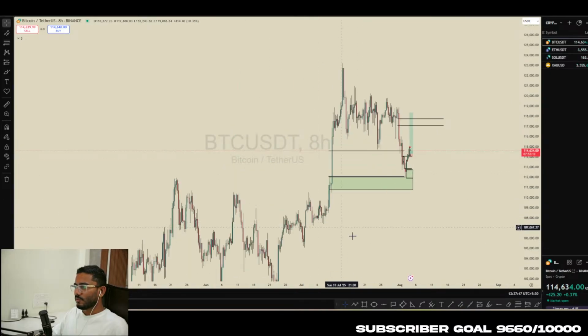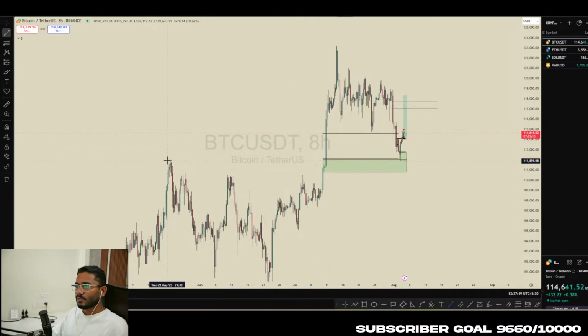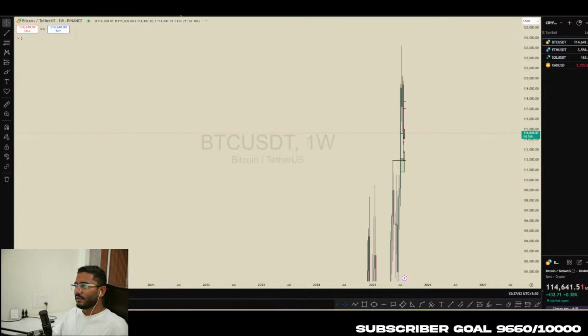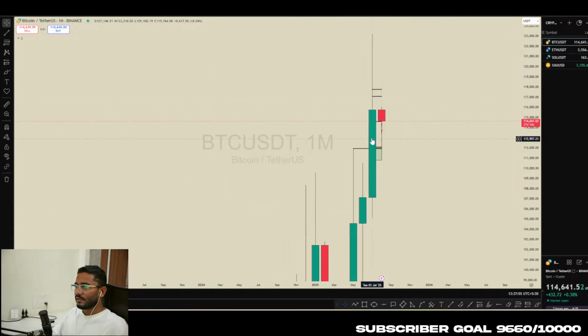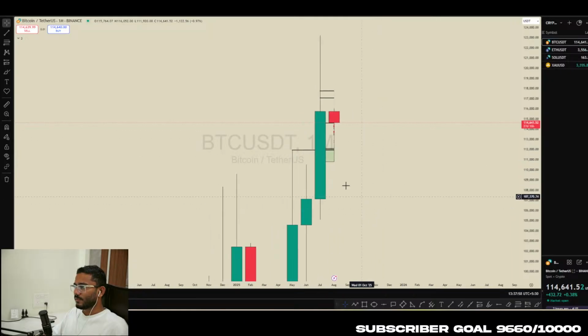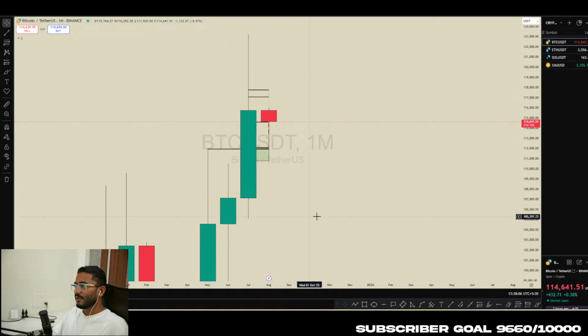We have this order block like this structure. If we go on the weekly or monthly chart, we can see this week is tapping, so it's fulfilling this imbalance, and price tapped this week and created a hammer-like candle.